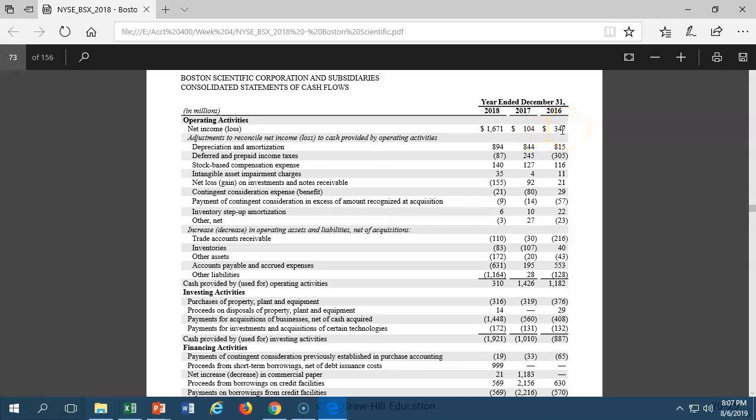So their net income did increase from 17 to 18.